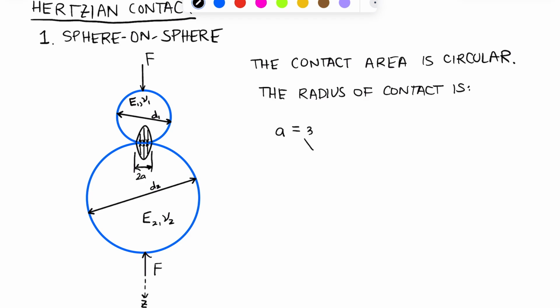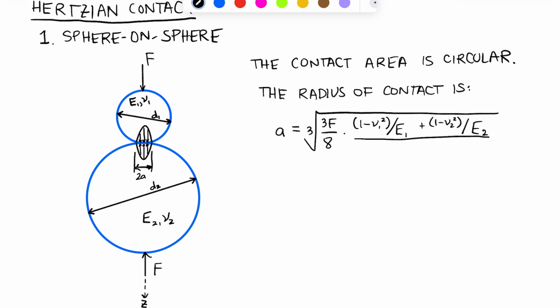where a is equal to the cube root of 3 times F, our compressive load, over 8 times (1 minus nu1 squared over E1 plus 1 minus nu2 squared over E2), all of that divided by (1 over d1 plus 1 over d2).